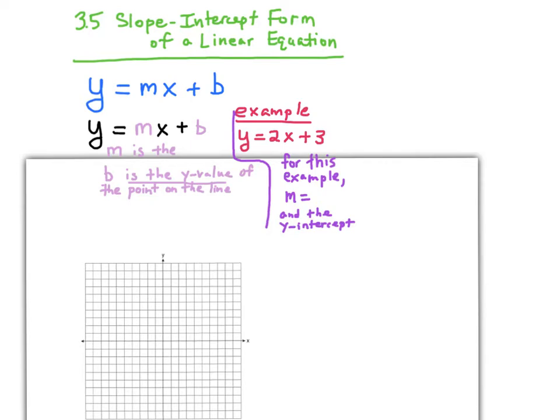It's the y value of the point on the line where it passes through the y-axis, and that's called the y-intercept.